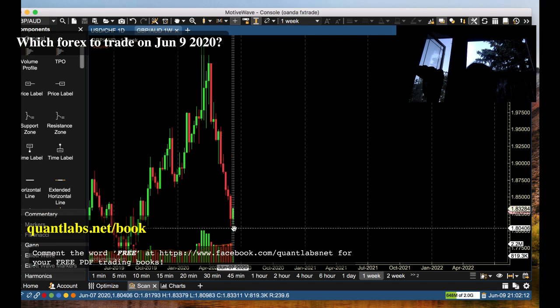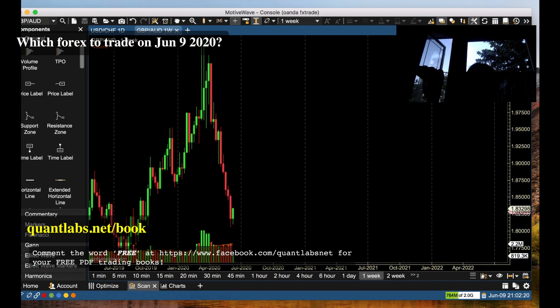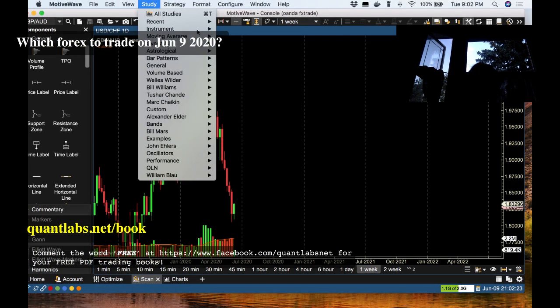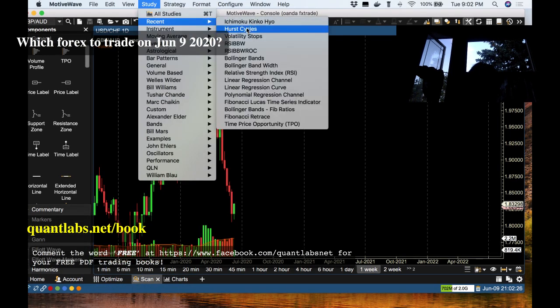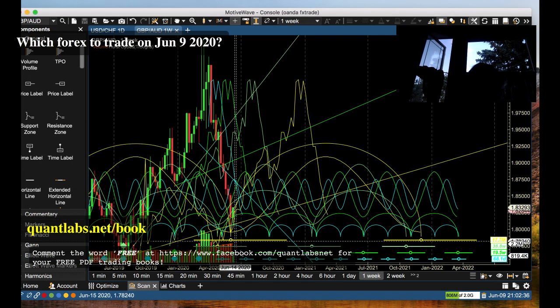But the wick seems to be stable. This could be a good reversal. I gotta make sure. Let me look at the Hurst again. Base it upon the number of diamonds that it has on that reversal.